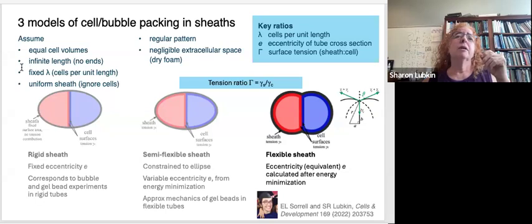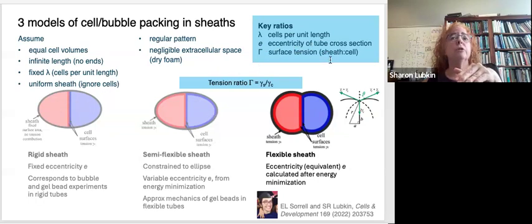All of these assume that the notochord is infinitely long, that we have a fixed number of cells per unit length, that the sheath is uniform, the cells are equal, and the cells are mechanically modeled as equivalent to soap bubbles, a dry foam under surface tension, and that the patterns are regular. We're going to measure things with cells per unit length, which is imposed, and fixed eccentricity, or an eccentricity as a consequence of the packing pattern in these latter 2 models.